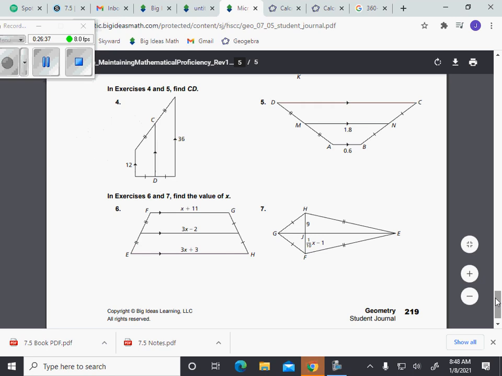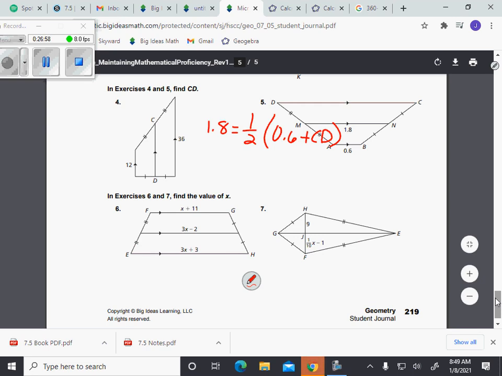CD on this one is a little different. We already have the mid-segment. We have 1.8. Well, 1.8 equals 1/2 of 0.6 plus CD. CD is just one variable.